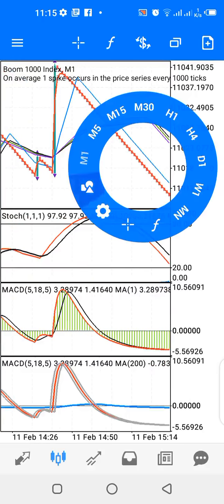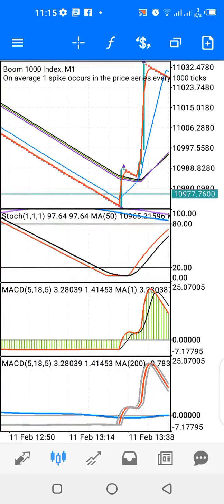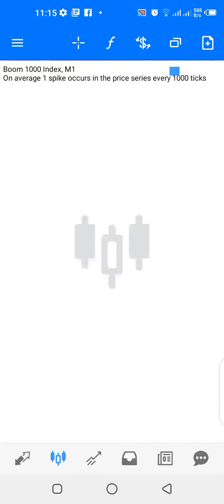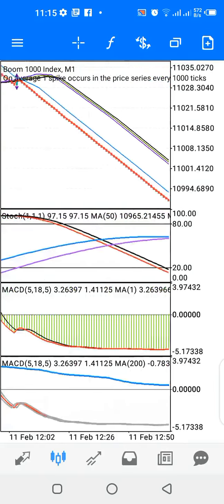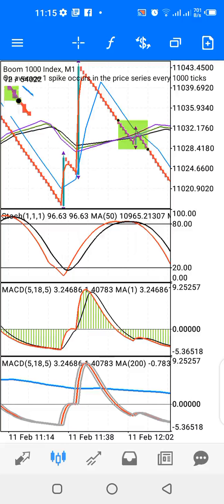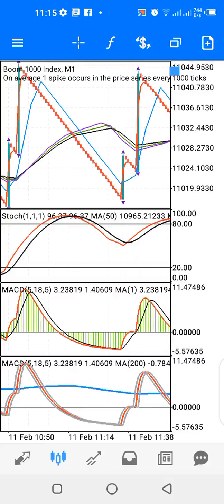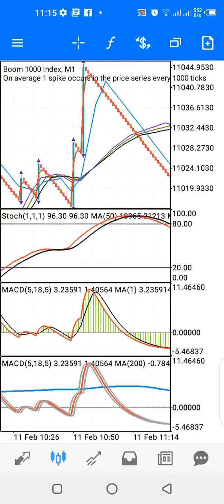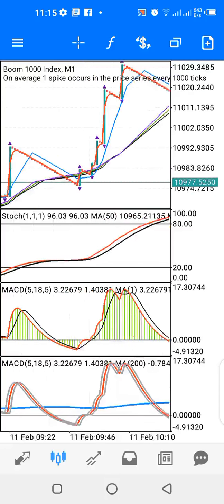The sell signal is confirmed around here. Okay, buy signal confirmed at this point. All right, so sell signal confirmed at this point, buy signal at this point, sell signal at this point.